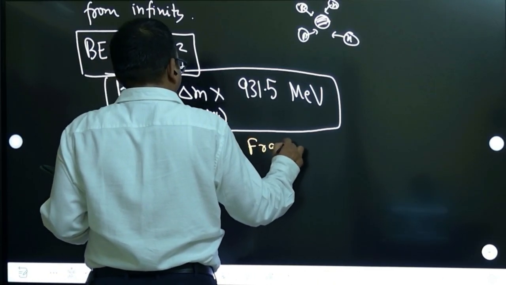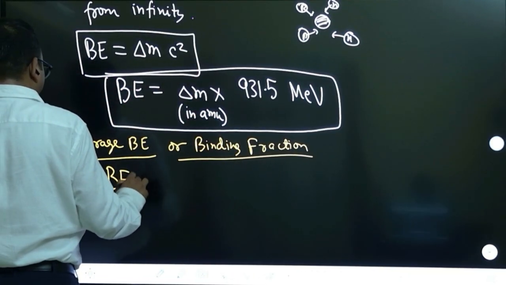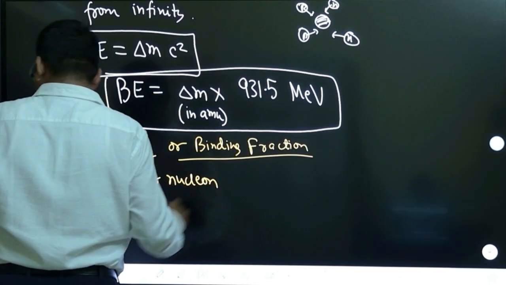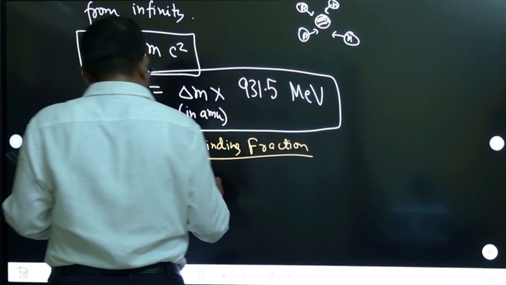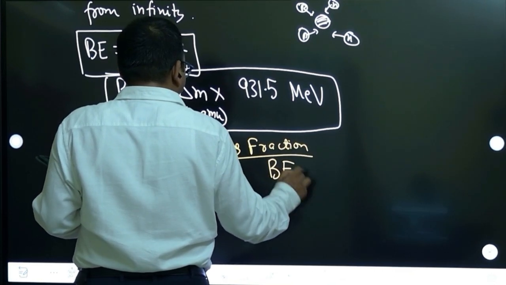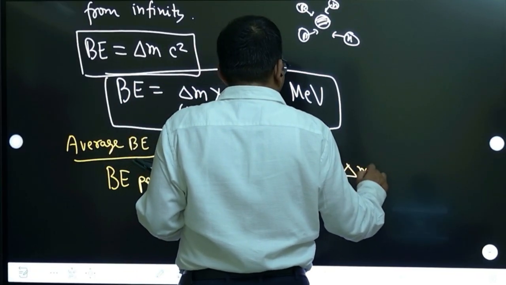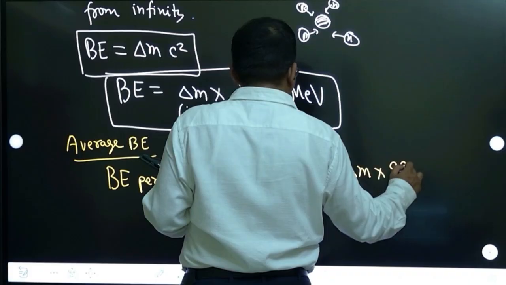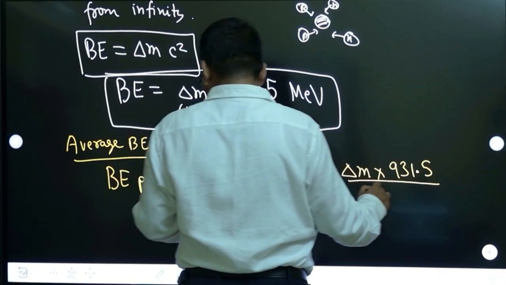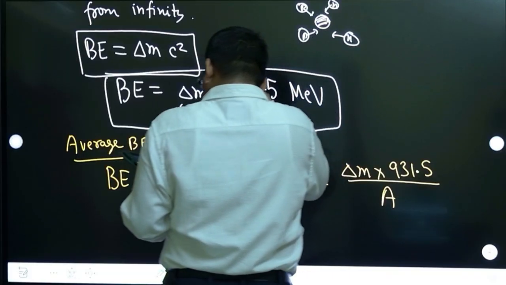Binding energy per nucleon is defined as total binding energy by mass number, which is delta m into 931.5 divided by A, in million electron volt.